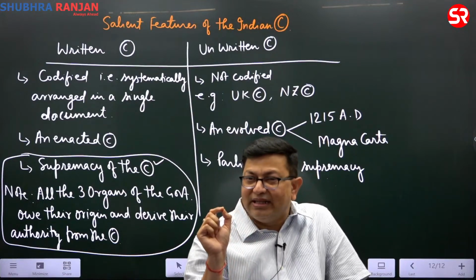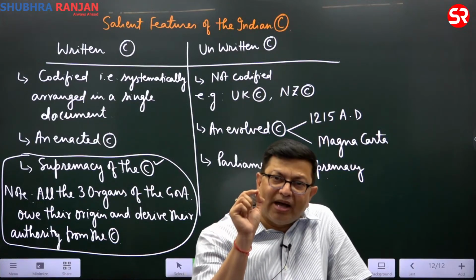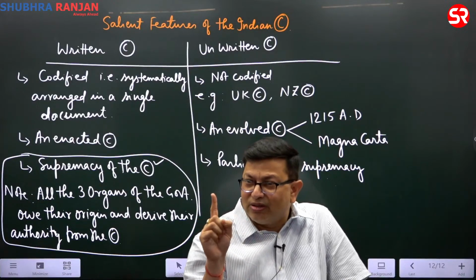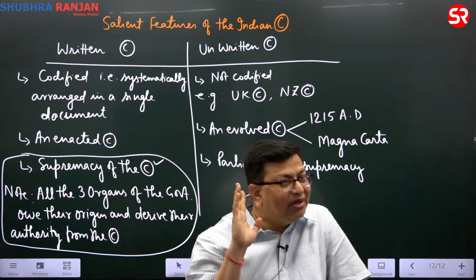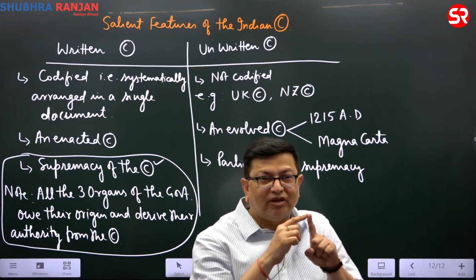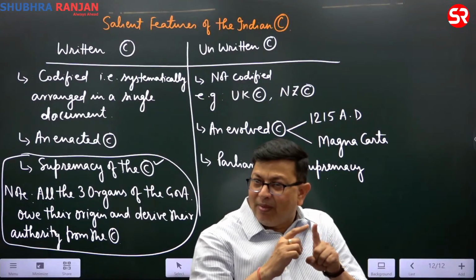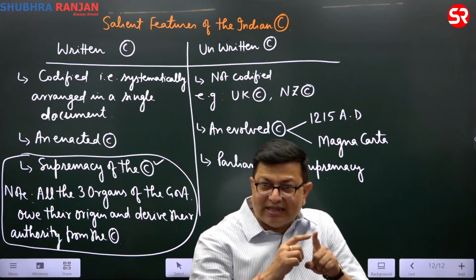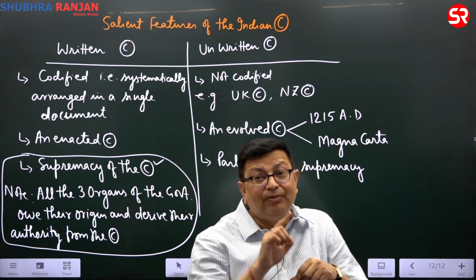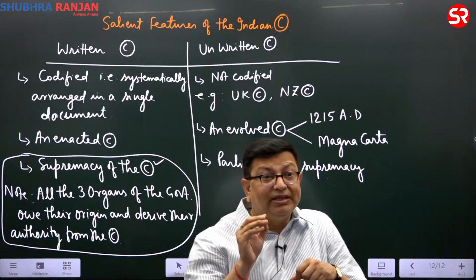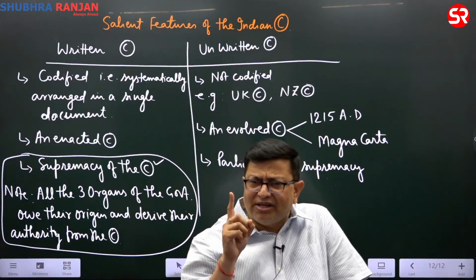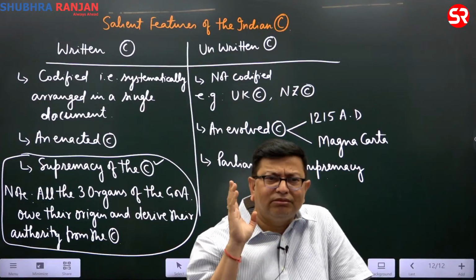It is mentioned in the Constitution that the Parliament shall consist of the President, the Council of States, and the House of the People. Not only this, how the members of the Lok Sabha and Rajya Sabha will be elected, what will be their powers, how the bills will be passed, what will be the privileges and immunities of the MPs, everything has been mentioned in the Constitution.